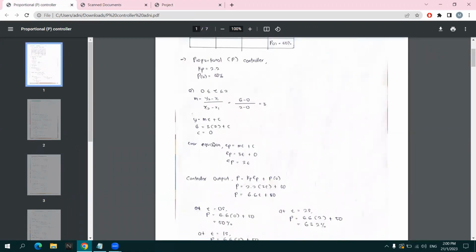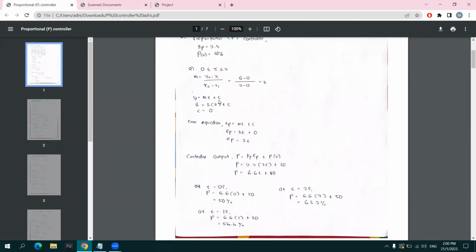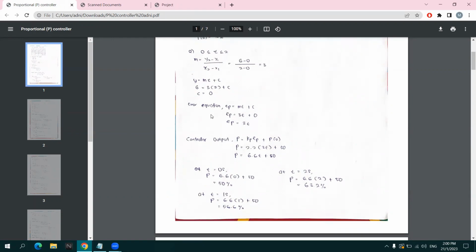And then when we calculate the slope, and we got M, we substitute M into the formula Y equals MT plus C, and then we got the value for C. Then we use the error equation EP equals MT plus C. This is our equation for EP, the error equation.